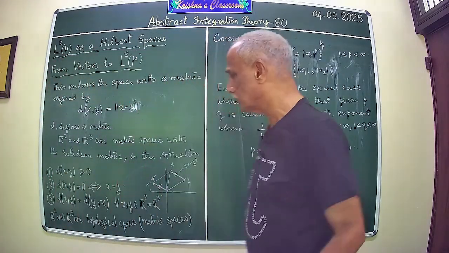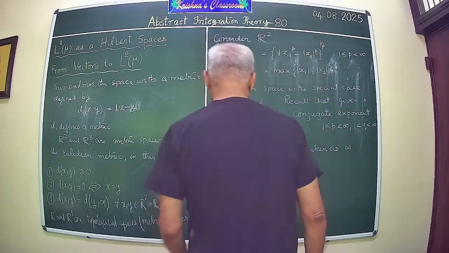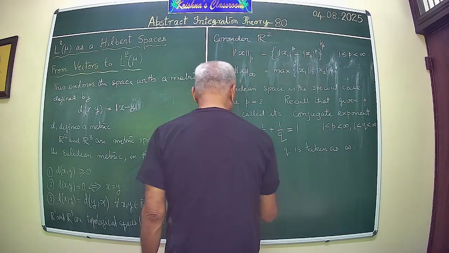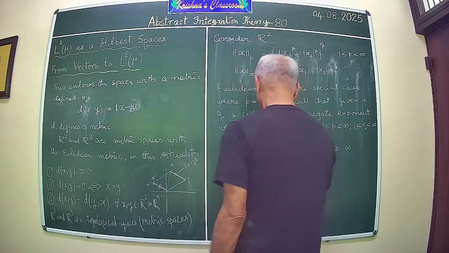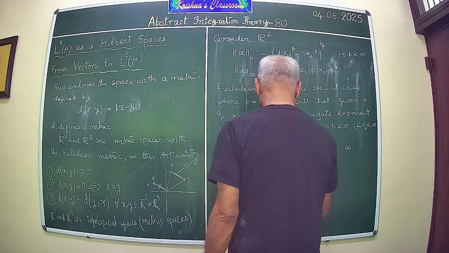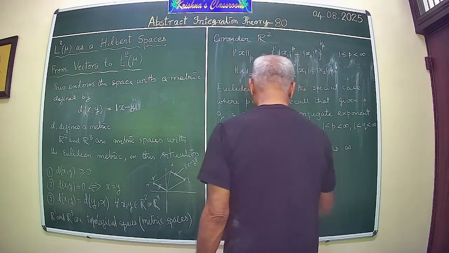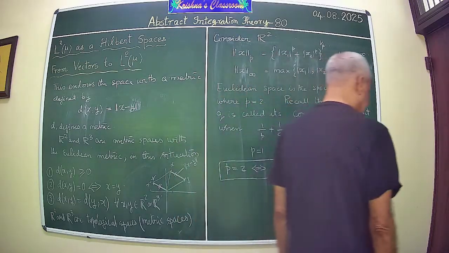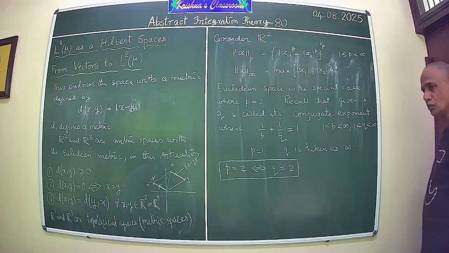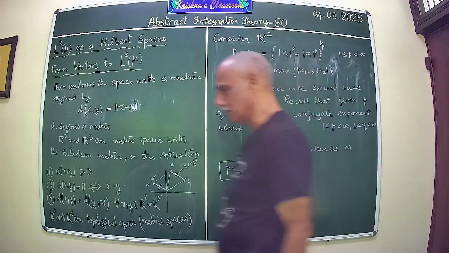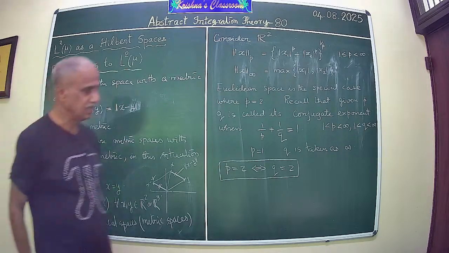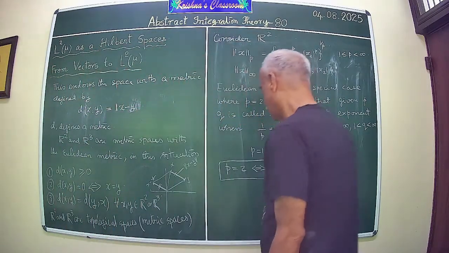Now let us look at the structure of it. This is a very important structure. This is the only case where both P and Q take the same value. Now let us look at what is the shape of the unit ball.